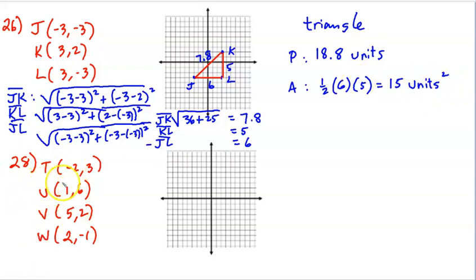Okay, last one. Let's plot T. That's -2, 3. And U is 1, 6. V is 5, 2. And W is 2, -1.